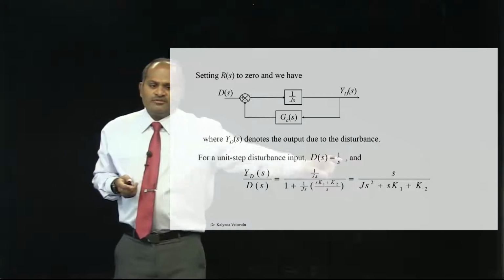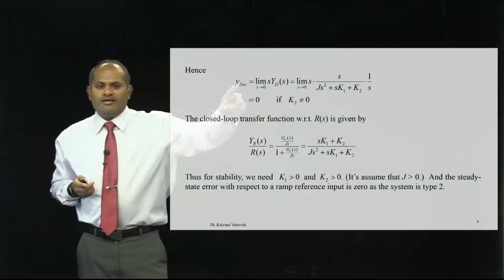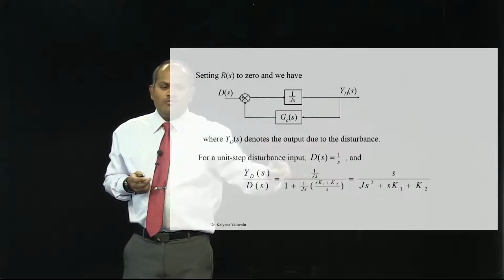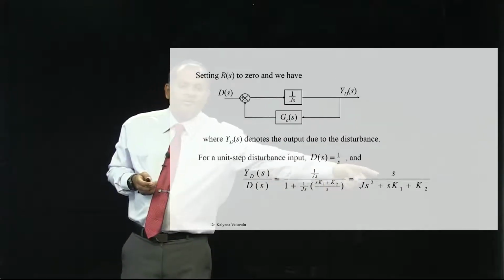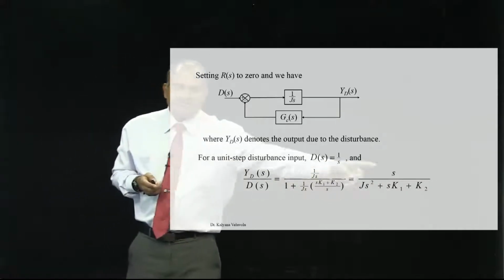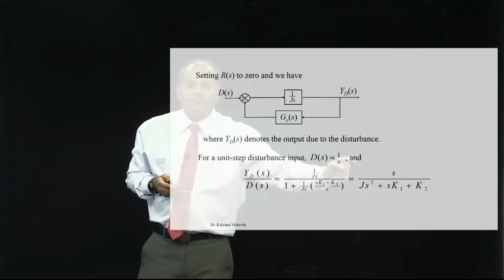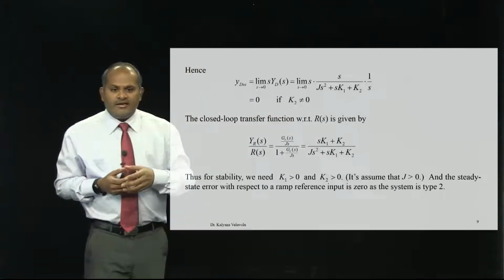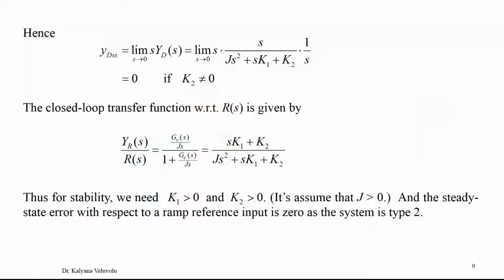Take the unit step disturbance 1 by S, and then I can find the steady state of the dynamic. So, what is YD? Transfer function into 1 by S. So, YD is equal to the transfer function multiplied with the input 1 by S. Then my steady state error due to disturbance is the limit as s tends to 0 of s into YD of S.